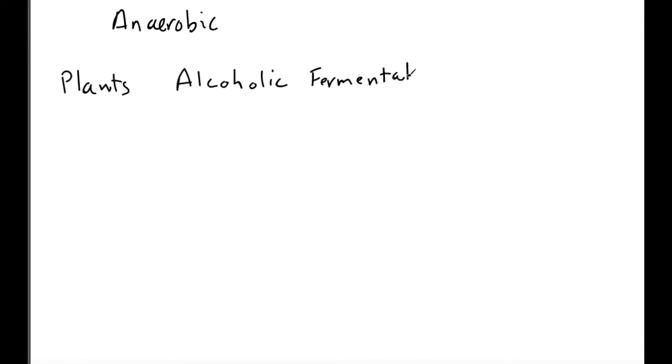And what happens, so before I said the pyruvate in aerobic respiration just carries on to the link reaction. But we're not talking about aerobic respiration, now we're talking anaerobic. And in plants, the process is called alcoholic fermentation. And what happens is you get your pyruvate that's happened in glycolysis.